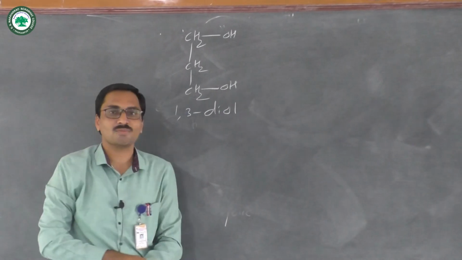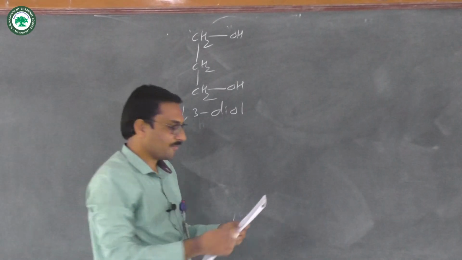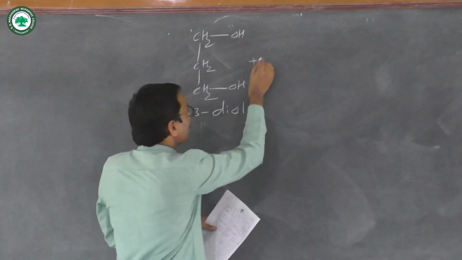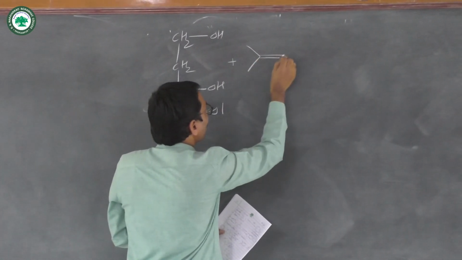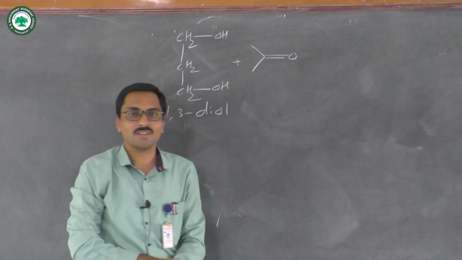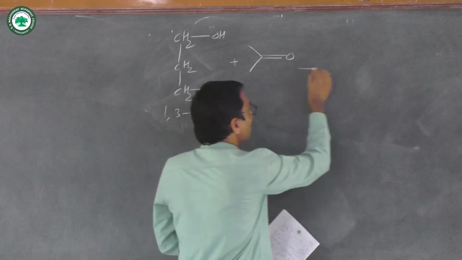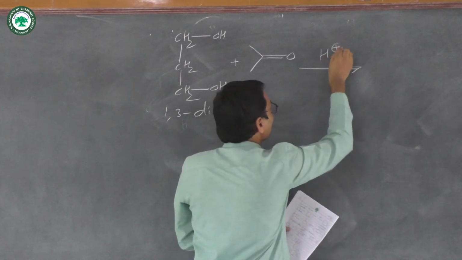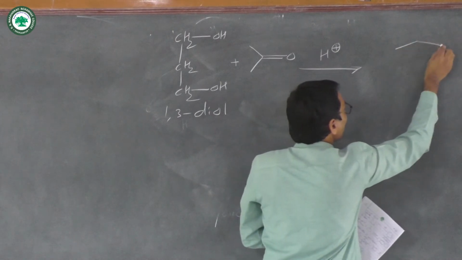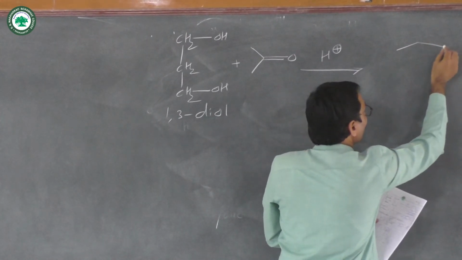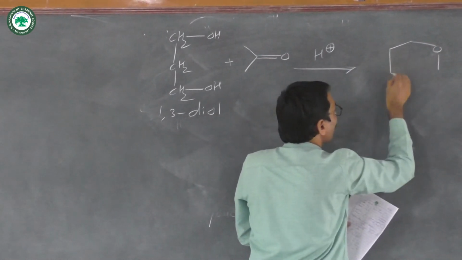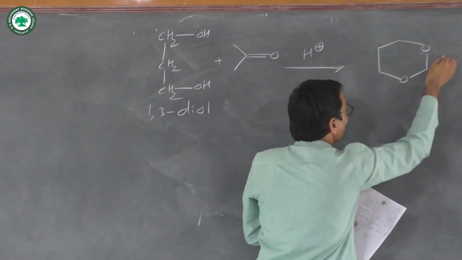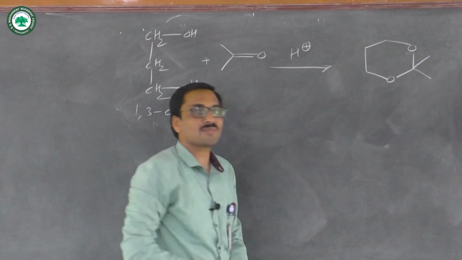Here we consider 1,3-diol. That 1,3-diol is again allowed to react with acetone in the presence of an H plus catalyst. There is formation of this type of 6-membered ring.